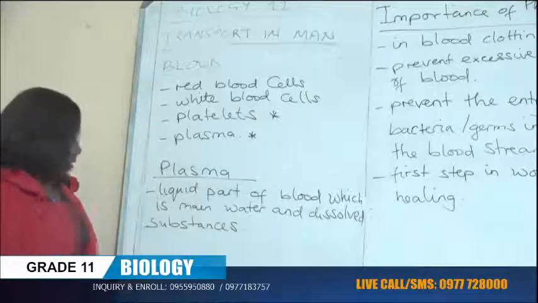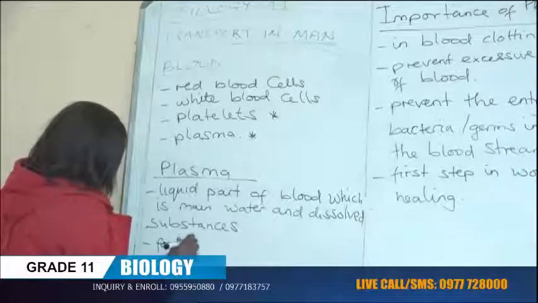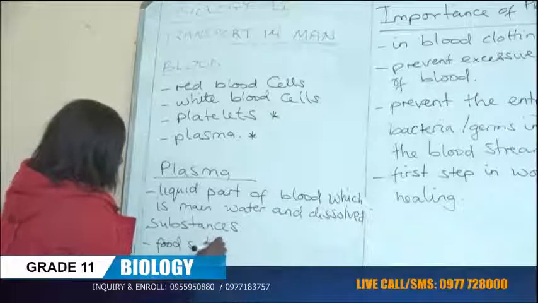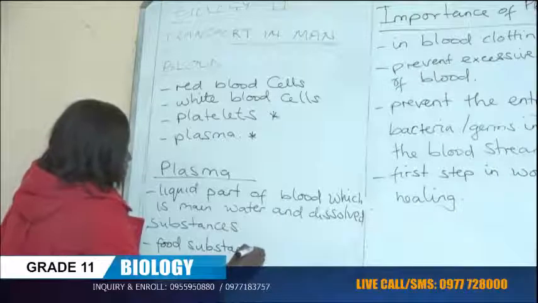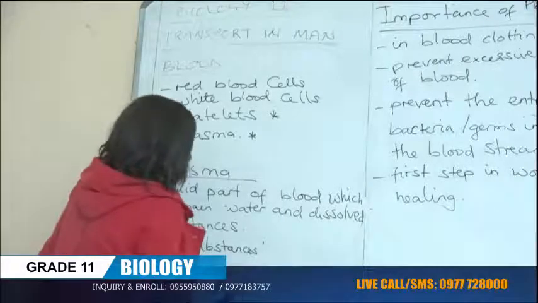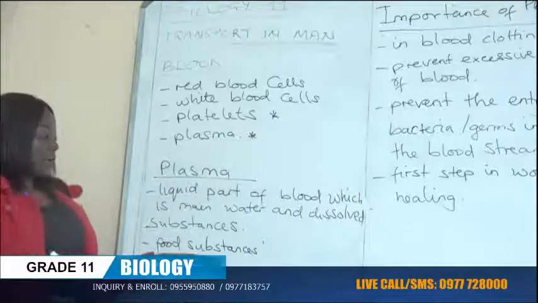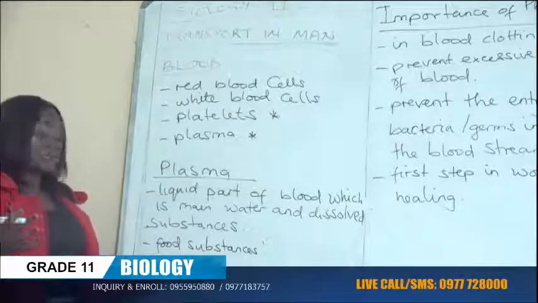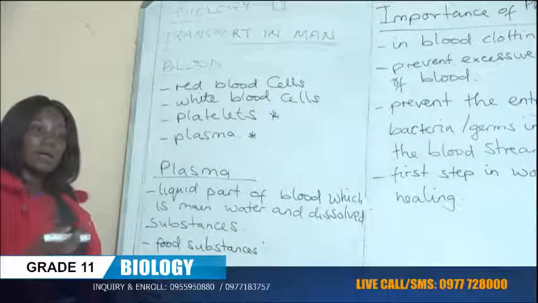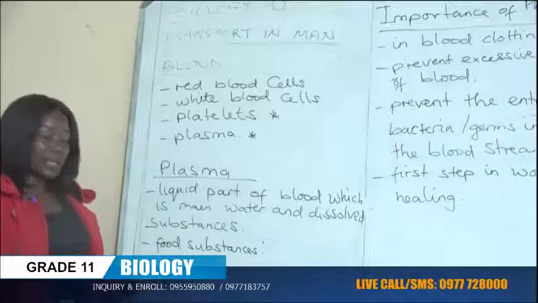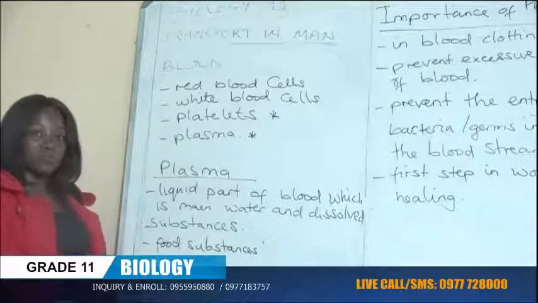These dissolved substances are food substances. Now these are dissolved, so the process of digestion has taken place. When assimilation takes place, the breakdown products of carbohydrates, proteins, fats, mineral salts, and vitamins are taken into the bloodstream.